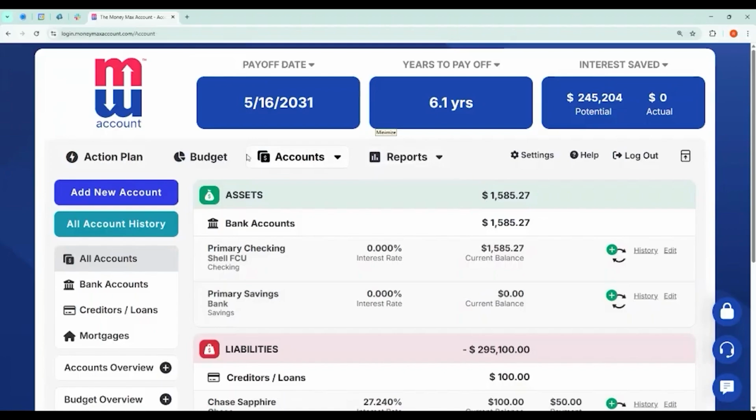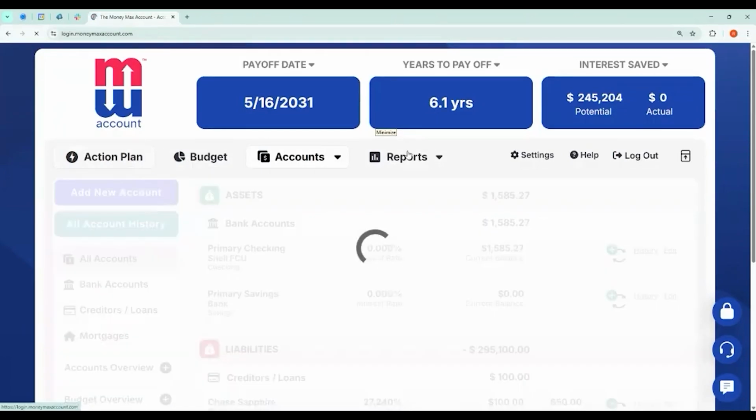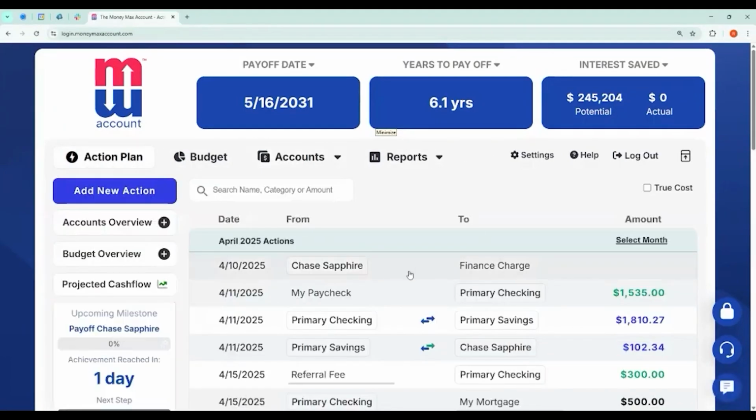Here's the way that works. When you see this line, it's because that card closed. And so we're going to do two things. The first thing is that we click the line and we acknowledge the interest that we've paid. In other words, when you see that line, you'll have to look up that card's statement.